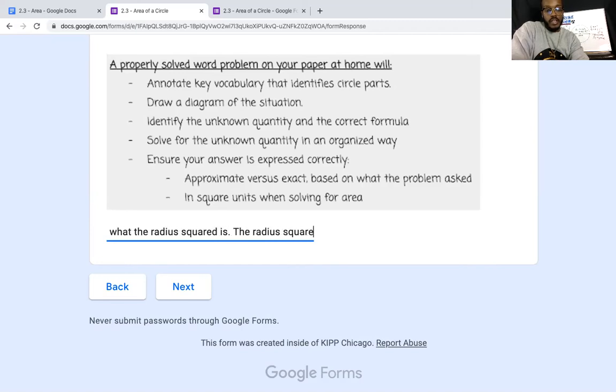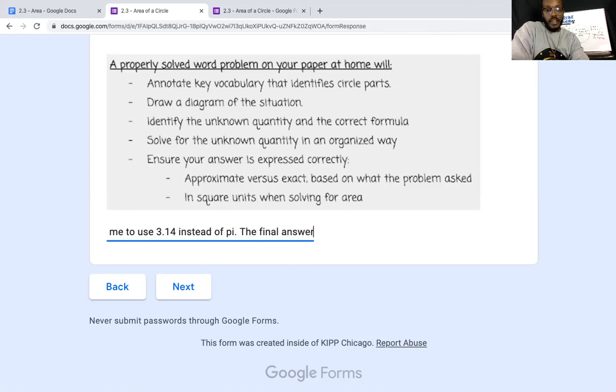The radius squared is 289, and I multiplied that by 3.14 because the question asked me to use 3.14 instead of pi.